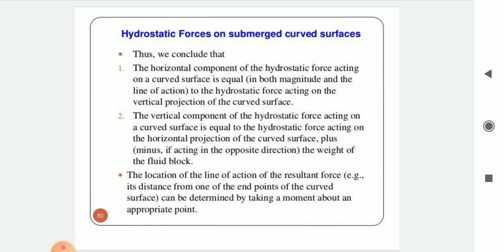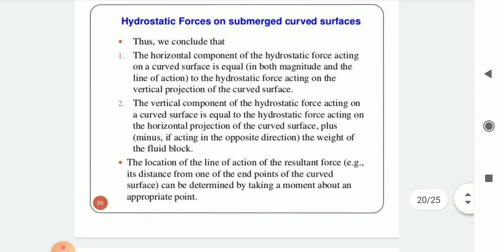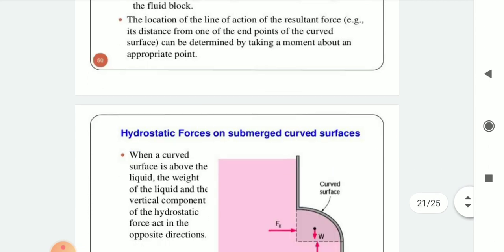The vertical component of the hydrostatic force acting on a curved surface is equal to the hydrostatic force acting on the horizontal projection of the curved surface, plus or minus, if acting in the opposite direction, the weight of the fluid block. The location of the line of action of the resultant force, for example its distance from one of the end points of the curved surface, can be determined by taking a moment about an appropriate point.